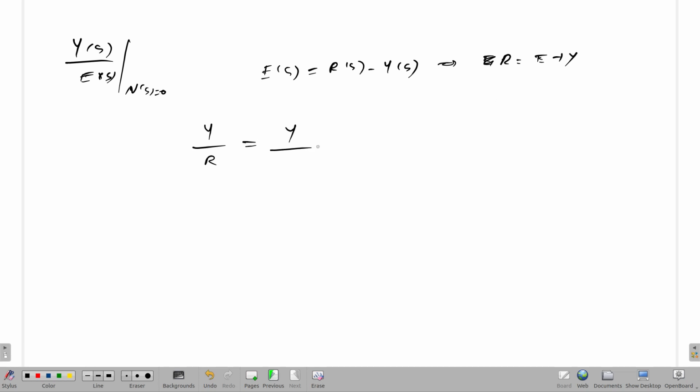So this is equal to Y by E plus Y, and you can give this a dummy value, let's call it A. Now you can manipulate, move these things around, and finally you can arrive at Y by E. So basically you can find Y by E as a function of Y by R. That is the idea.